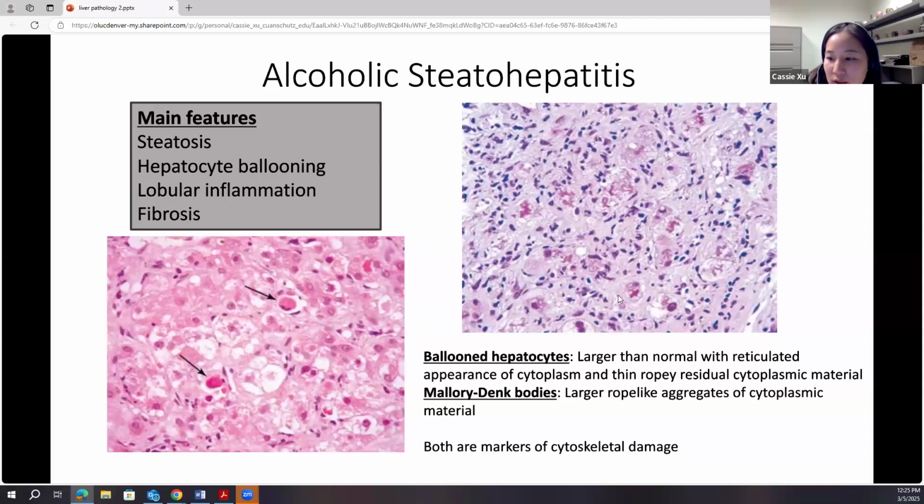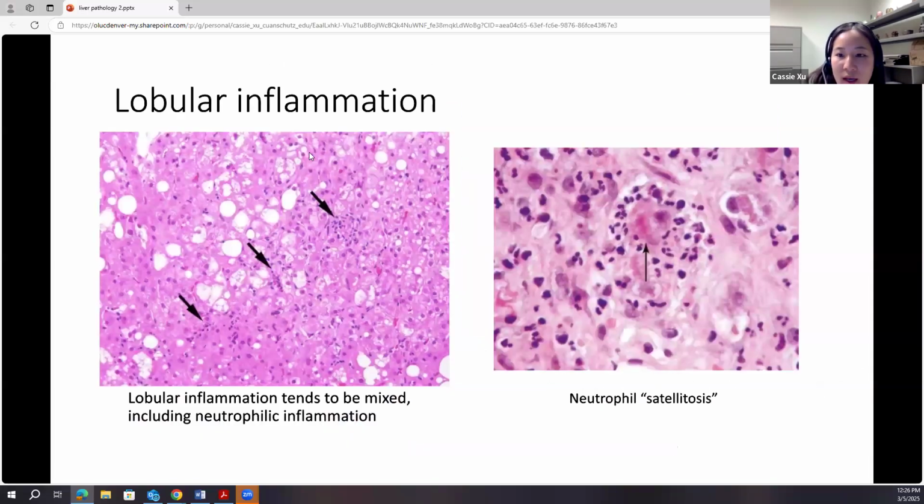They're typically larger than your normal hepatocytes, and these are all in zone 3, or the central lobular areas. Then lobular inflammation, that's self-explanatory. You'll have inflammation within the hepatic lobules, and then fibrosis, which we discussed previously.